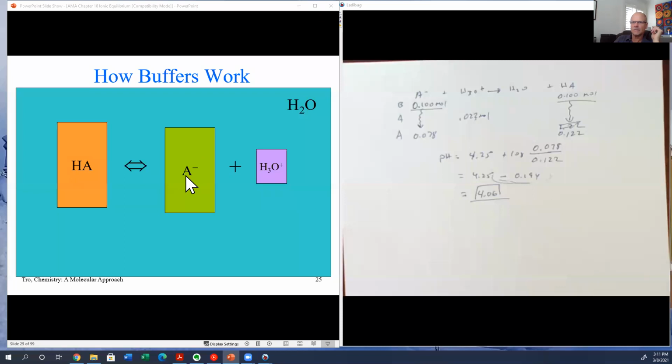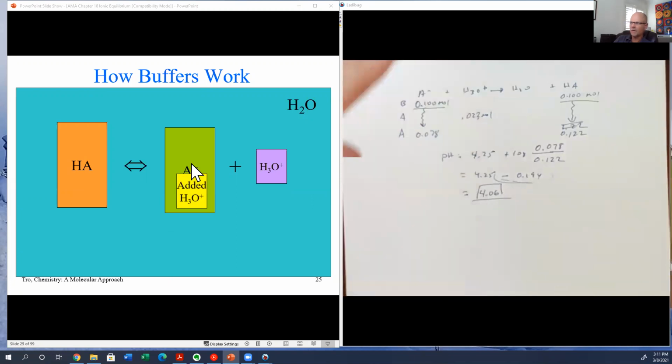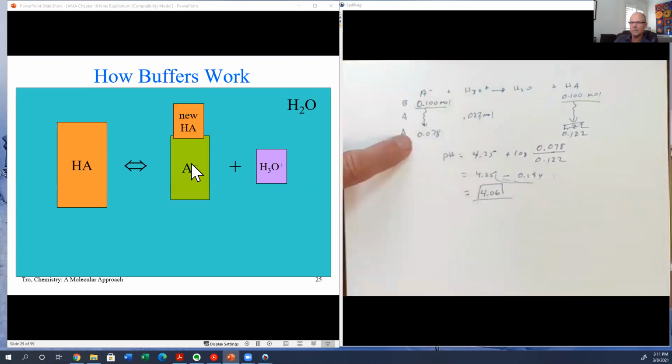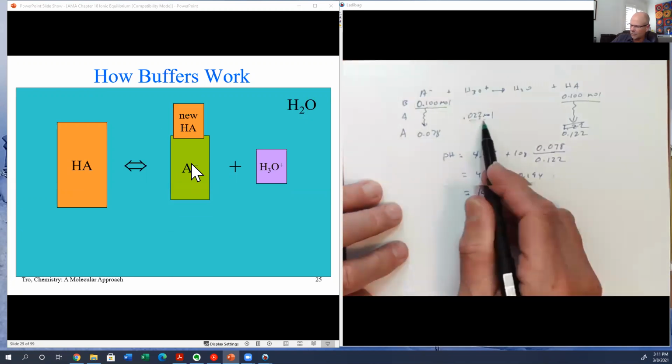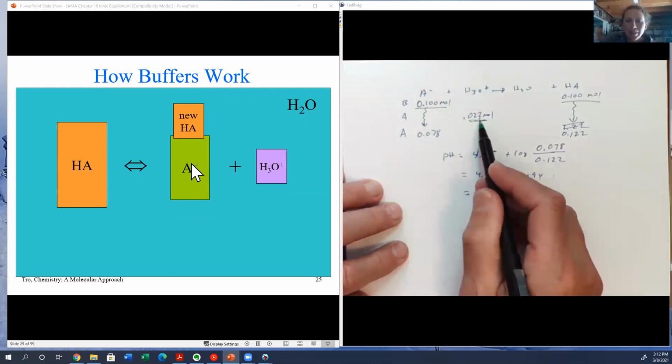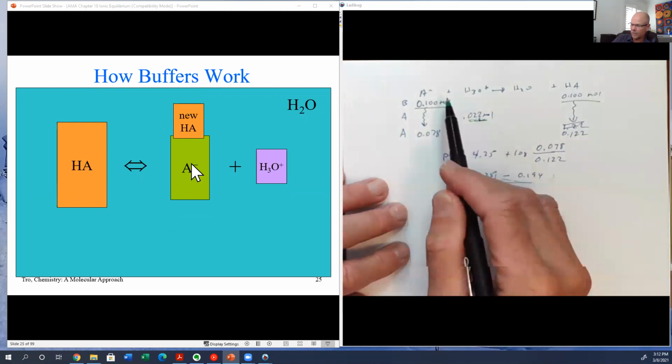Acid, conjugate base. I add acid. What's the acid going to do? It's going to react with the conjugate base. So what's going to happen to the amount of conjugate base? It's going to go down. By how much? By exactly the stoichiometric amount of acid that I added. Is that because it's kind of neutralizing it? Correct. Yes. It's undergoing this equation.